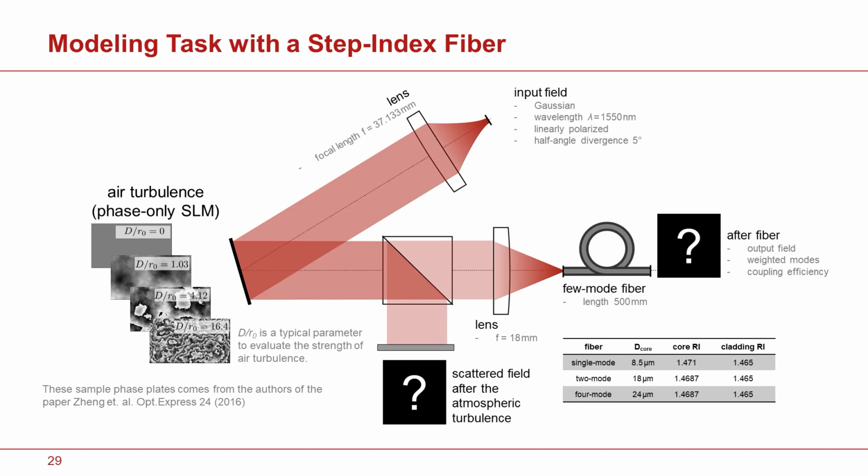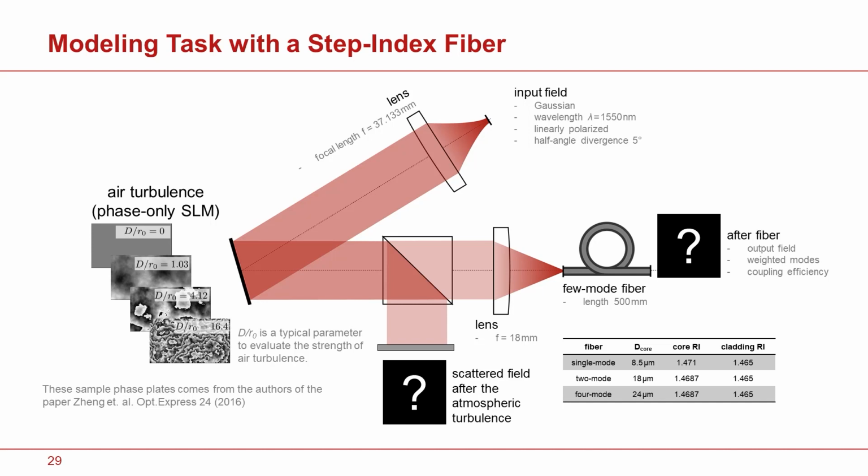So we start with a fundamental Gaussian beam as our input field that takes us to the top right corner of the sketch. So that's where we start, input field Gaussian. And then we collimate that beam using a lens, as is shown here. And then the effect of that atmospheric turbulence, of that air turbulence, is going to be simulated by using a phase-only SLM for different values of the strength, so to speak, of that atmospheric turbulence.